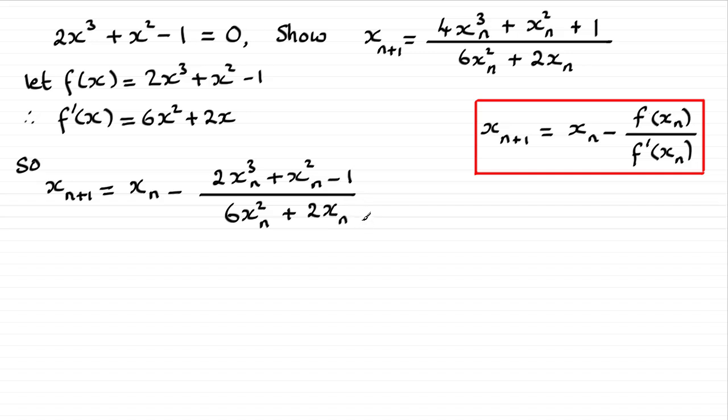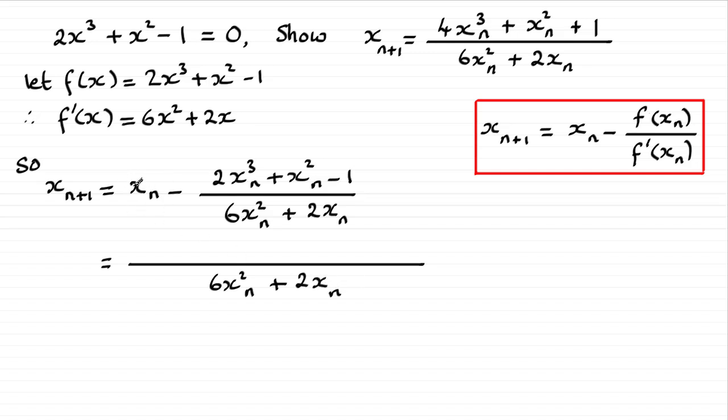Okay? Now, in order to get this fraction, I can see it's all over just one lowest common multiple. So that lowest common multiple here has to be the denominator here. So I'm just going to draw a long line there, and we'll put that denominator in, 6x squared with the subscript n plus 2x with the subscript n.